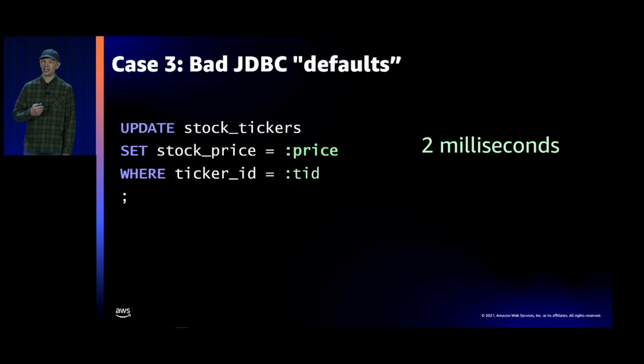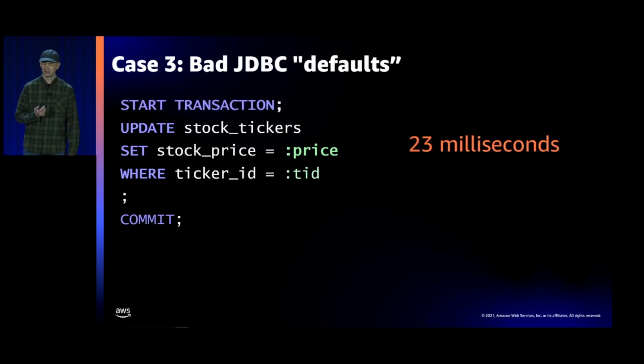Now, imagine that a new application server fleet is brought in because of the workload increase. And it just so happens that this application fleet comes in with default settings for the database driver parameters. Well, default is not always best.